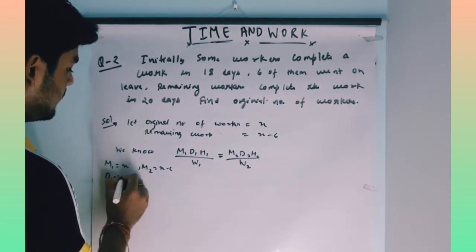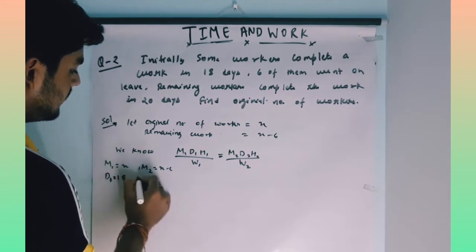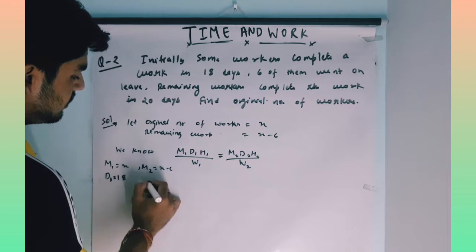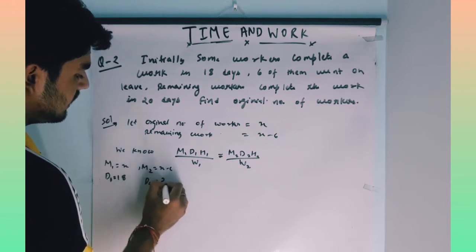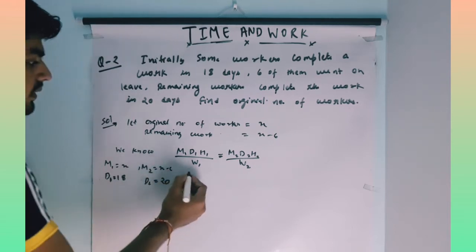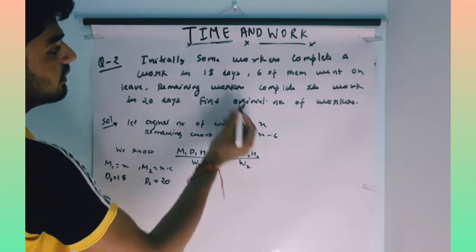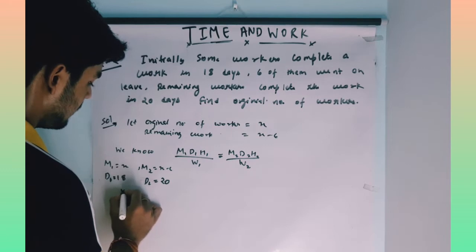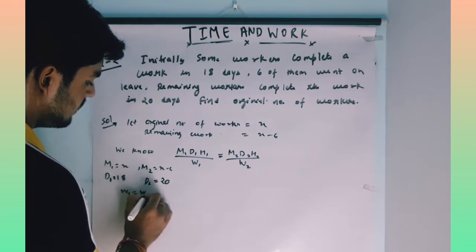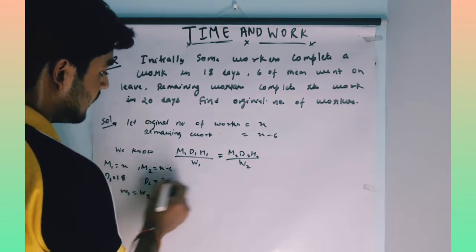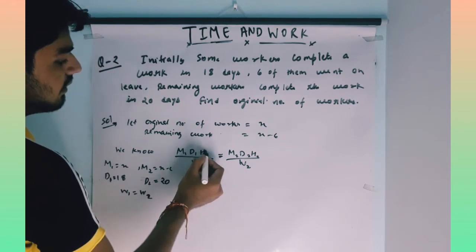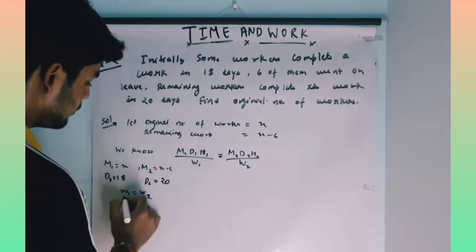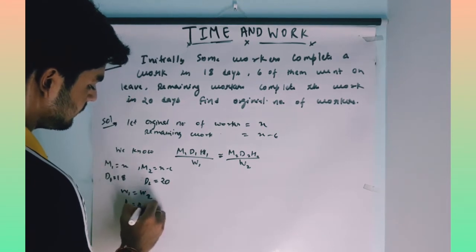D1 is given as 18 days and the remaining workers complete the work, D2, in 20 days. Since the work is the same, W1 is equal to W2, and also the time working per day, H1, is equal to H2.